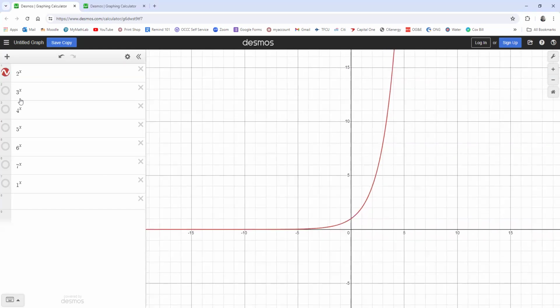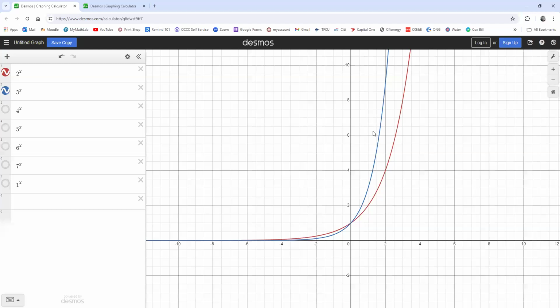So what happens when I have 3 to the x power? How is it going to compare to this graph here? And you can see here now in blue, it's rising much quicker because now instead of everything doubling, how it does with 2 to the x, now everything is tripling.